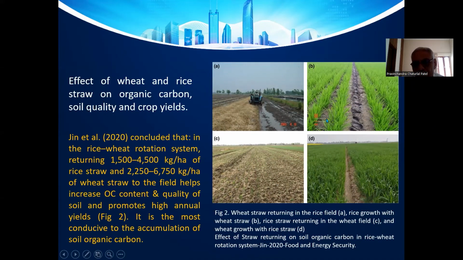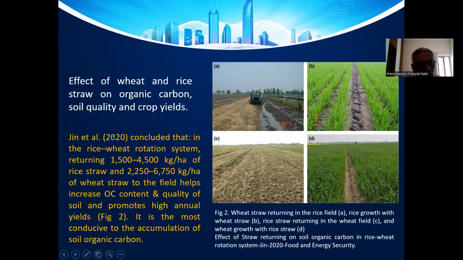So here you can see that in B and D, for the growth of rice and wheat respectively, you require less chemical fertilizers. And when you add less chemical fertilizer, then microorganisms are maintained in the soil, the cost of cultivation of rice and wheat is reduced, and farming is more profitable.